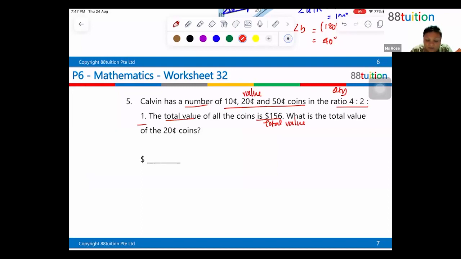Yes, thank you, Hannah. So the items are 10-cent coins, 20-cent coins, and 50-cent coins. With the number or quantity of coins, 10 cent will be 4 units, 20 cent 2 units, and 50 cent 1 unit.